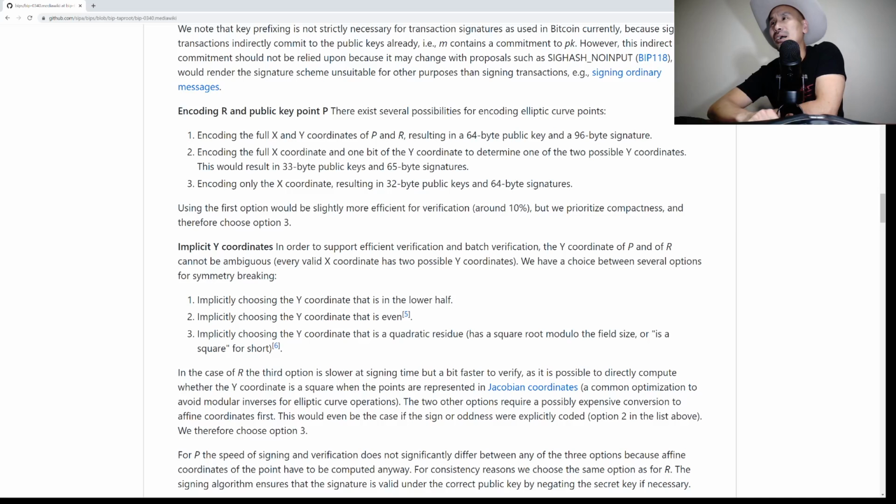In the case of R, the third option is slower at signing time, but a bit faster to verify, as it is possible to directly compute whether the y coordinate is a square when the points are represented in Jacobian coordinates, a common optimization to avoid modular inverses for elliptic curve operations.